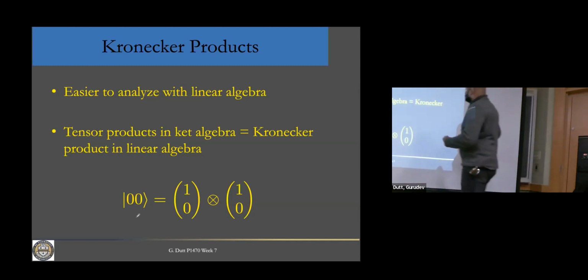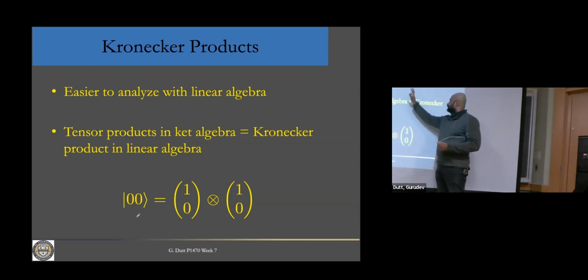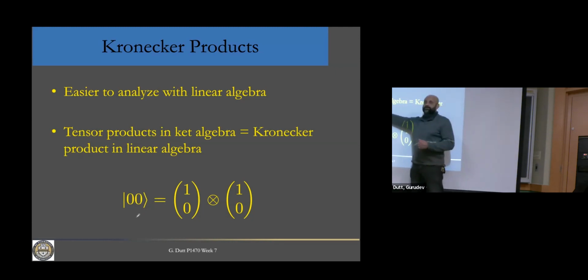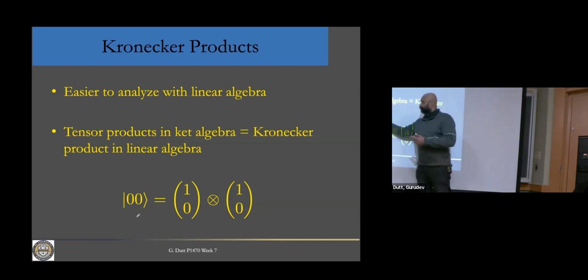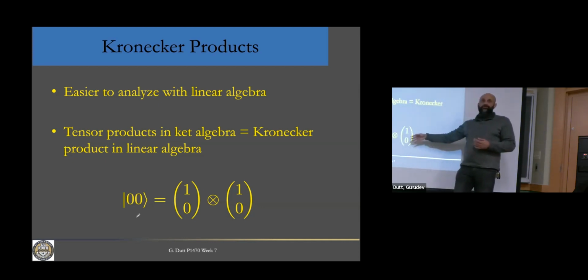And so we introduce the linear algebra representations of the kets, which is the column vectors. And we introduce a new thing, which is a tensor product in ket algebra is equal to something called a Kronecker product in linear algebra. So if you know linear algebra, then this will be, hopefully, more obvious to you, but don't worry, we'll introduce what Kronecker product means in just a minute.